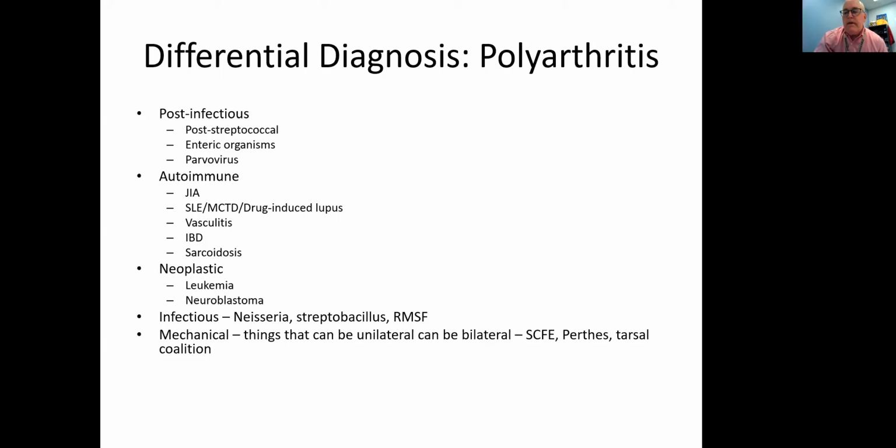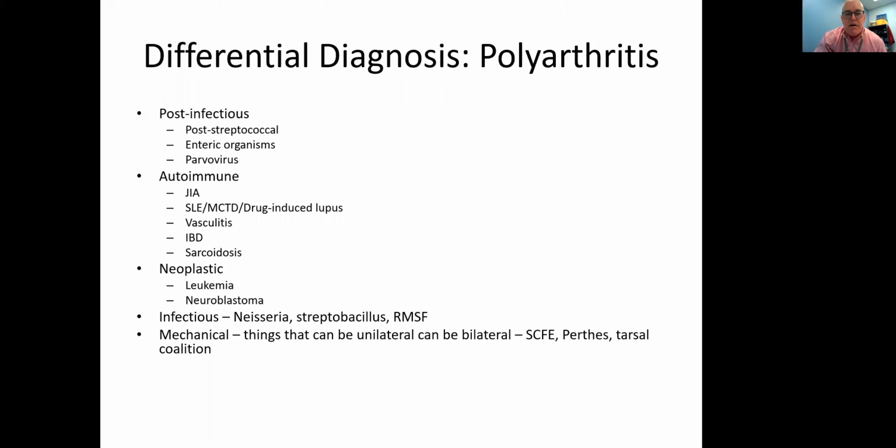Parvovirus arthropathy is the one that can most closely mimic JIA in terms of a viral arthropathy. It can be polyarticular, it can be small and large joint. It is more likely than other post-infectious or para-infectious arthritides to last longer than 6 weeks. Some of those patients will eventually meet criteria for JIA, and it can be challenging to know if this is just parvovirus infection or whether parvovirus is really the trigger for JIA.